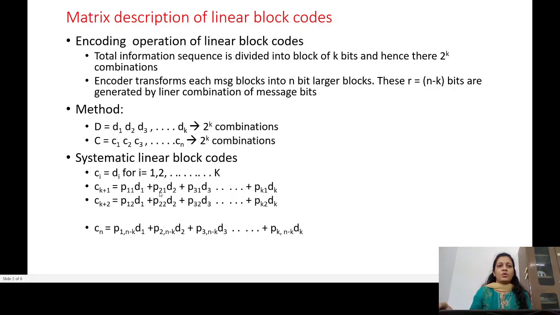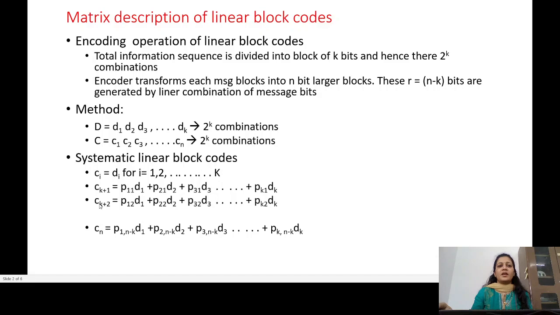We have one more subscript for all these coefficients, which is extracted from the corresponding code word value. For the coefficient of Ck plus 1, if I say k plus 1 minus k, it is 1, which is used as a subscript of P. Similarly, k plus 1 minus k gives 1, which is taken as the subscript for the second term of this coefficient, that is P21.